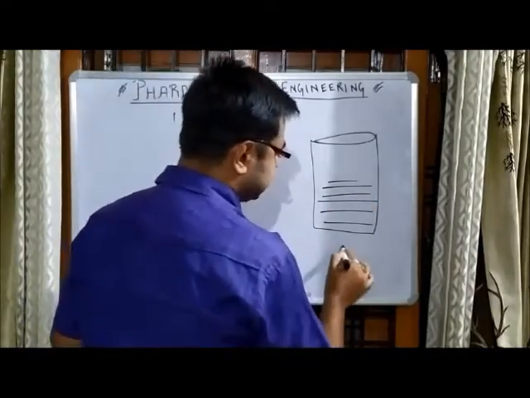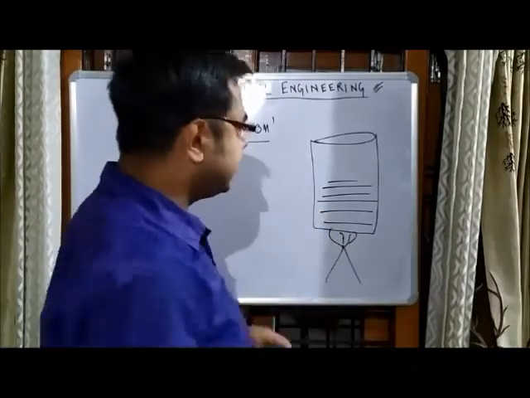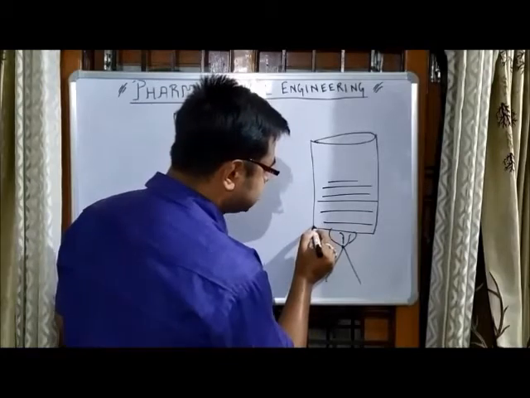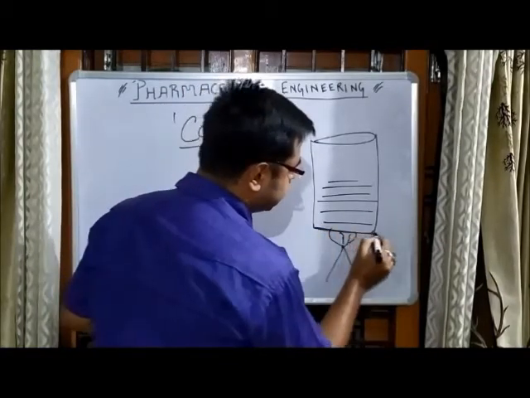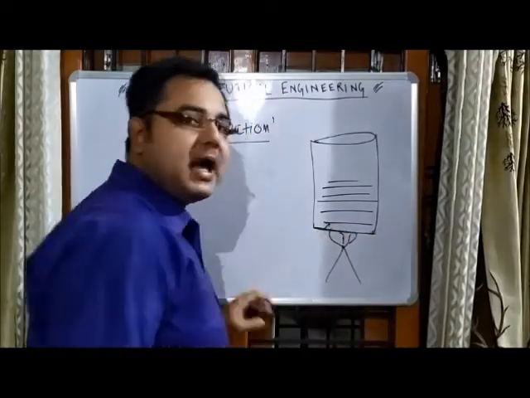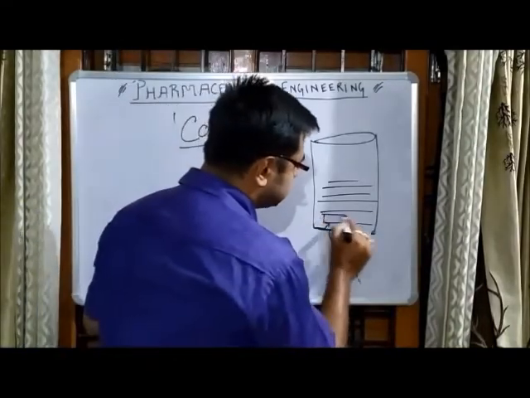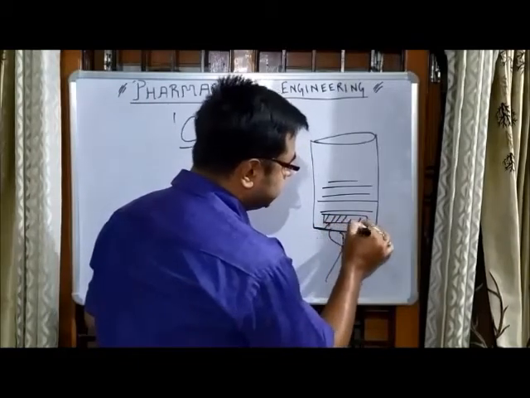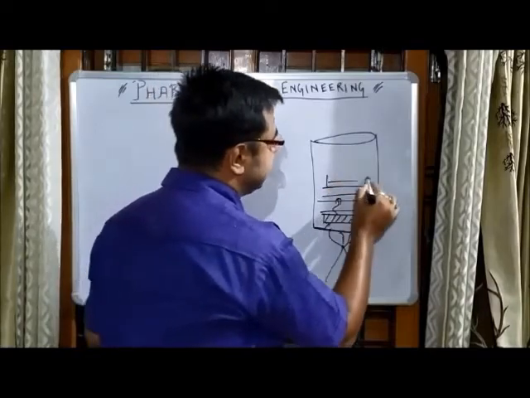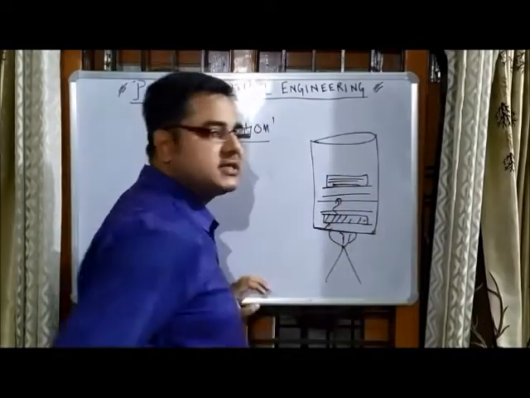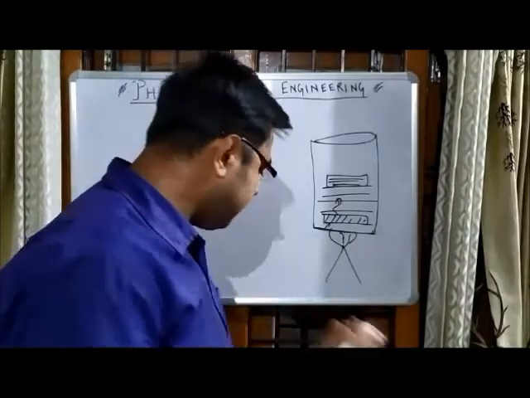If we are heating this water, then earlier in terms of conduction, the heat is transferred via this vessel to the water. Now in case of convection, the lower layer which gets heated first will transfer the heat to the upper layer. This is convection, the conventional method of transfer of heat.